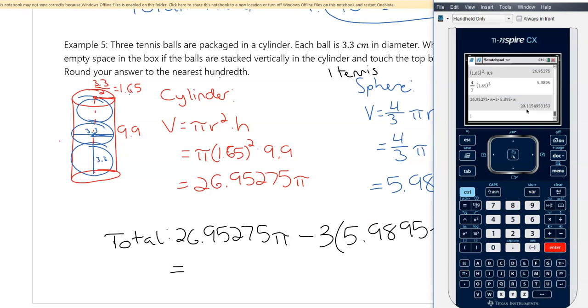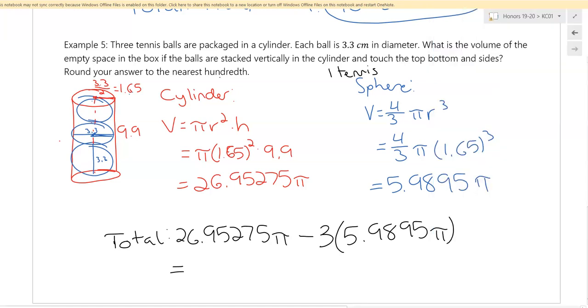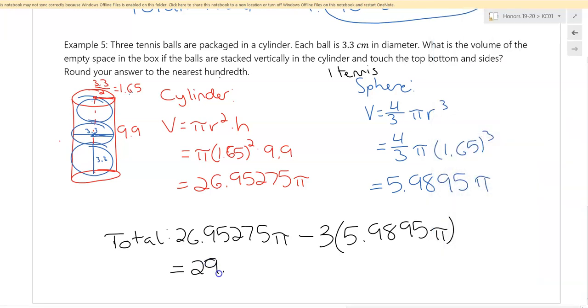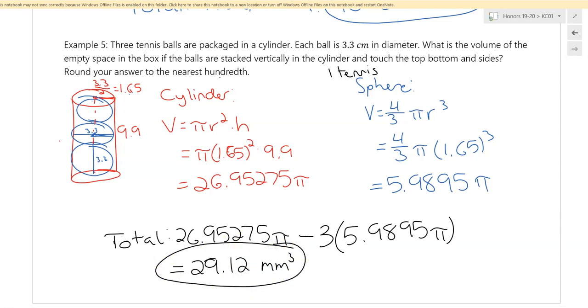We get 29, nearest hundredth, 1, 2. 29? Yes, 29.12 centimeters cubed. Okay. All right, and that is it. I'll see you guys tomorrow.